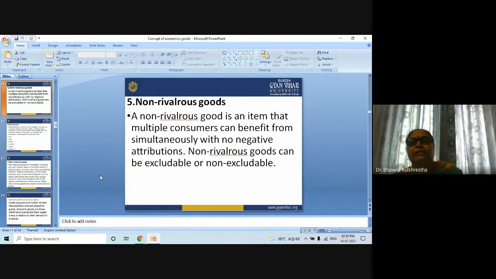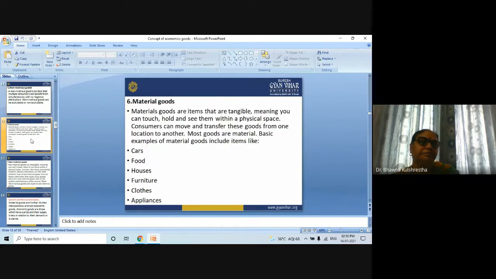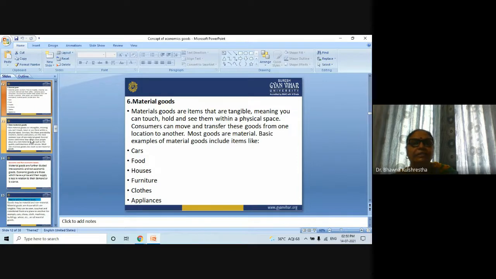And next is the material goods. Material goods are items that are tangible, meaning you can touch, hold, and see them within a physical space.